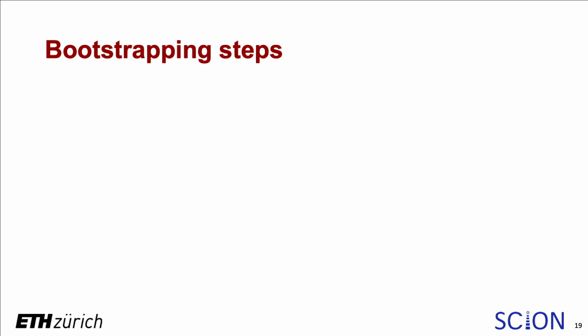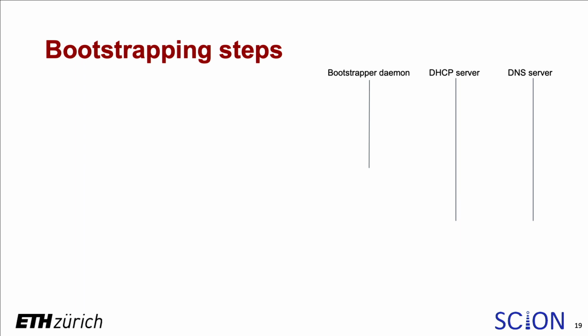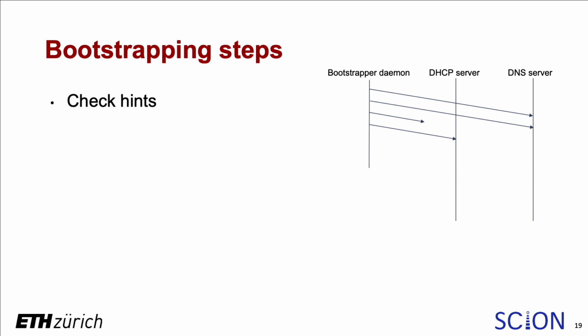So let's have a look at the different steps involved in doing this configuration. We need the Bootstrapper daemon running on the end host that we are bootstrapping, as already mentioned. Then we can either use a DHCP server that gives us this hint, or a DNS server. We are sending out those requests for hints in parallel. Let's assume, for example, that some of the requests, like the multicast DNS requests, do not succeed because we have, for example, no multicast configured on our network. We're also sending out DHCP requests.